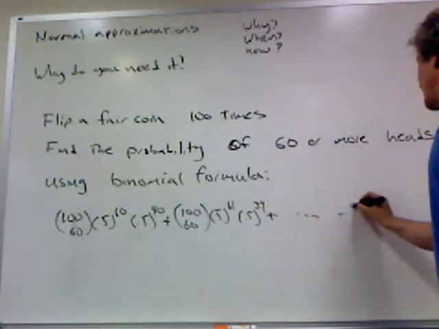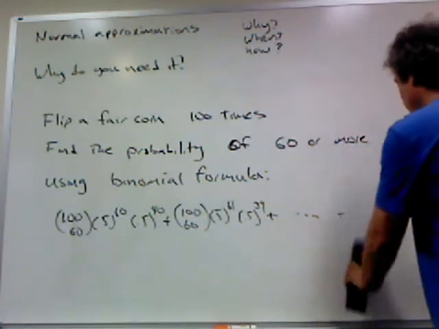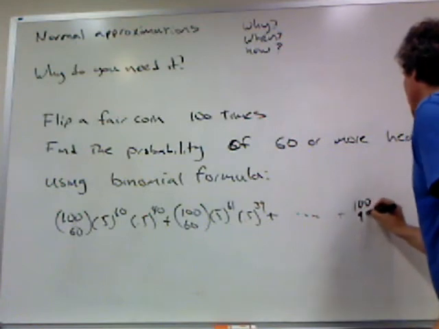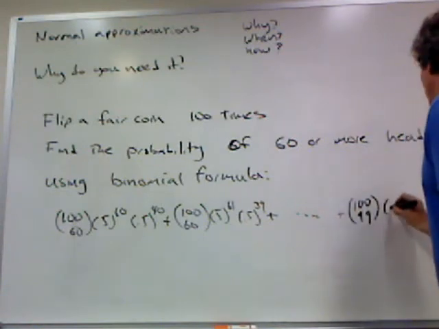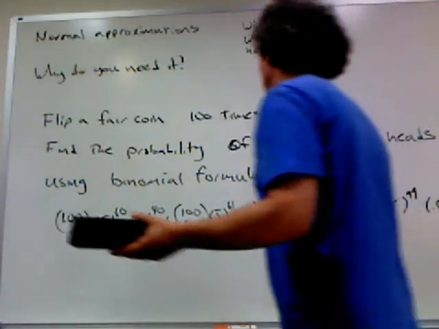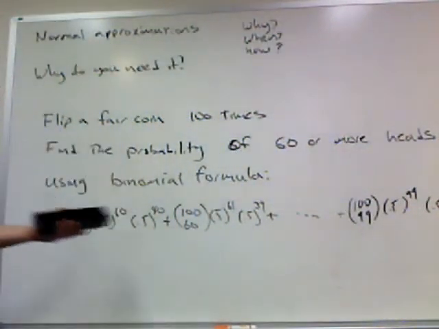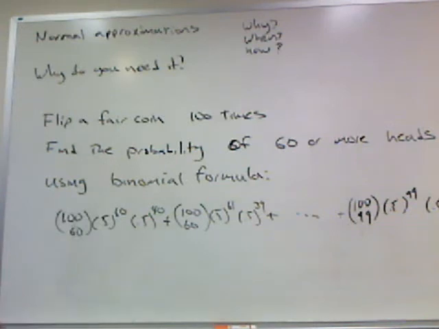So plus 100 choose 99 times 0.5 to the 99 times 0.5 to the 1. And then finally plus 100 choose 100, which is 1 times 0.5 to the 100 times 0.5 to the 0, but I'll leave that off because 0.5 to the 0 is 1. So you're computing 41 things and adding them up. That's a lot of work, right?